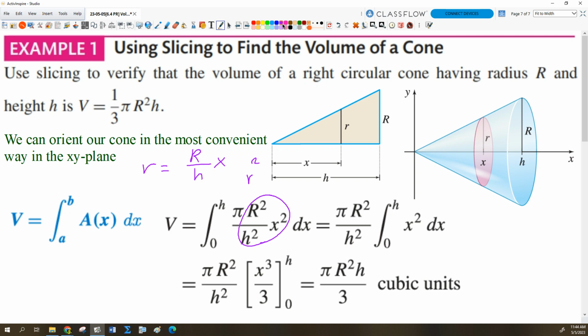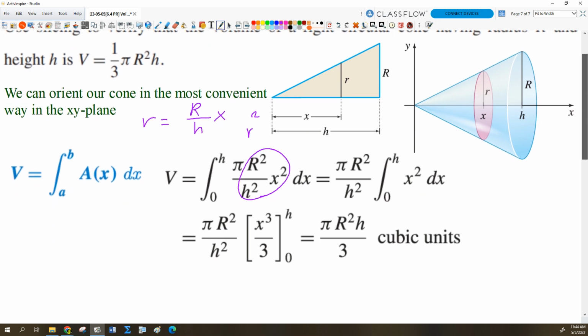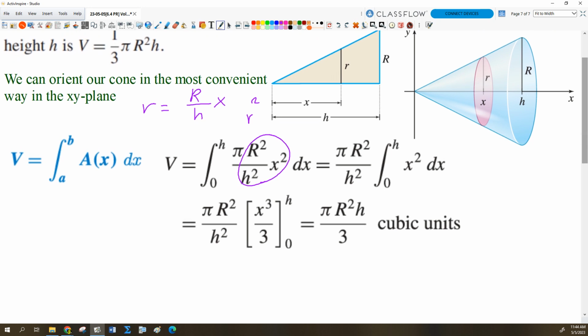Make sense? Okay, how would we set this one up? This is good little practice here. How would we set this one up using the disk method? Right? That would be our slices. So we would just do what? Pi times the integral of what?